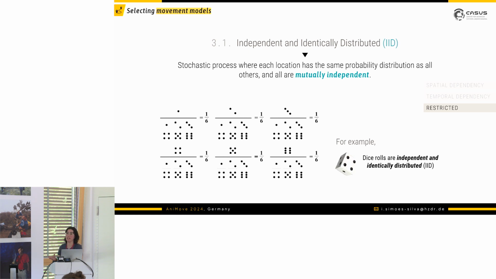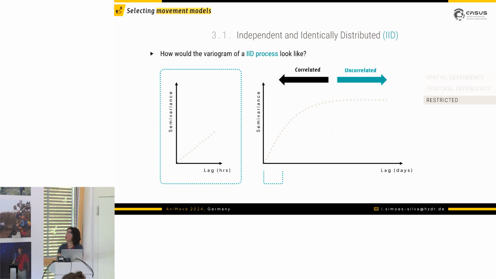You can use an MCP and a kernel and still get a decent estimate because you're fulfilling the assumptions, since there's no autocorrelation in your data. And as we saw, the IID process is basically that shape that increases very quickly and then just becomes a flat line. So if you see this in your semi-variograms, it basically means that your data is independent.